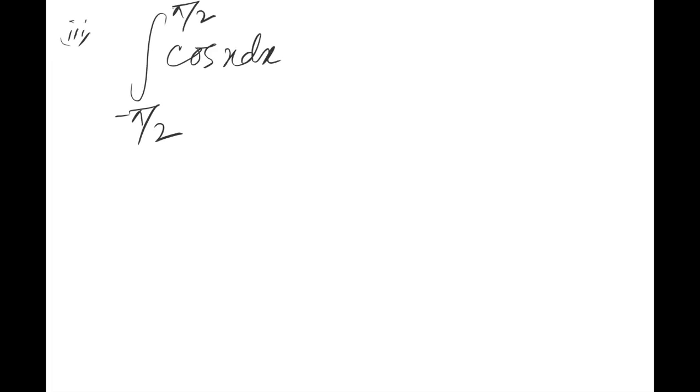The third question, asked by Saksham, is the integral of cos x dx from minus pi by 2 to pi by 2. Listen carefully. First of all, the integration of cos is sine, so it will be written as sine x. The integration part is completed.